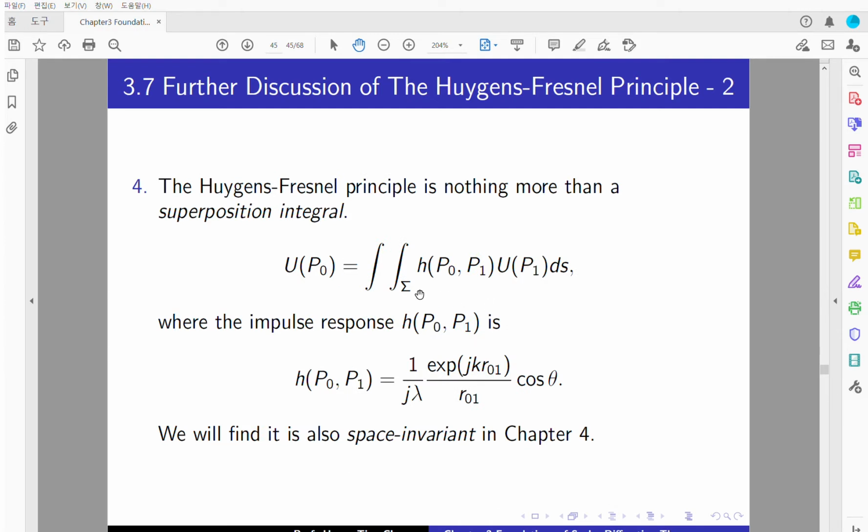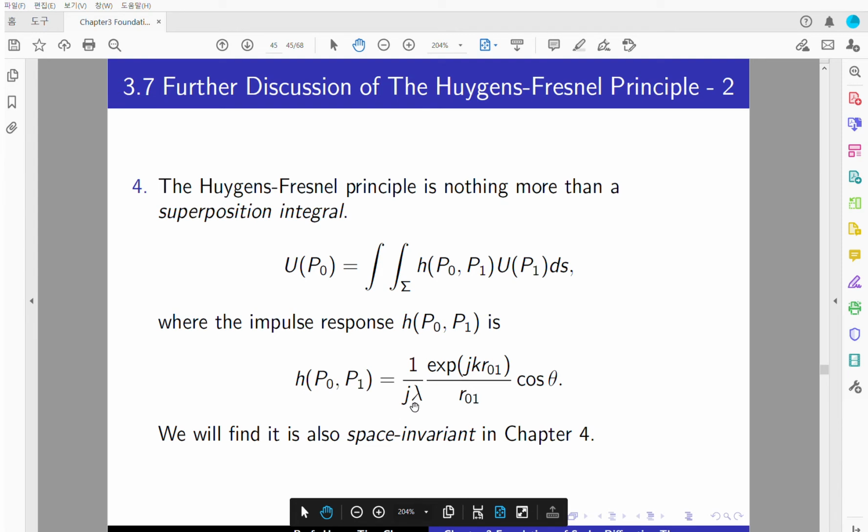So in this case, we have a new terminology, the impulse response, small h. We are going to talk about the impulse response and the transfer function in chapter 4.